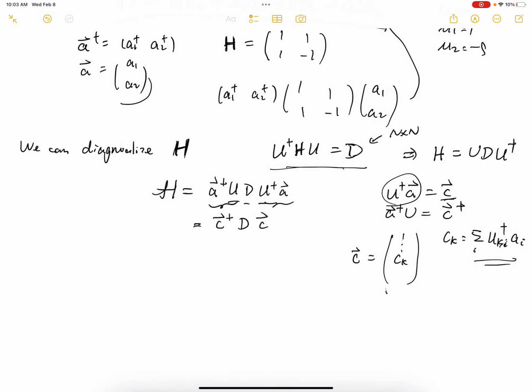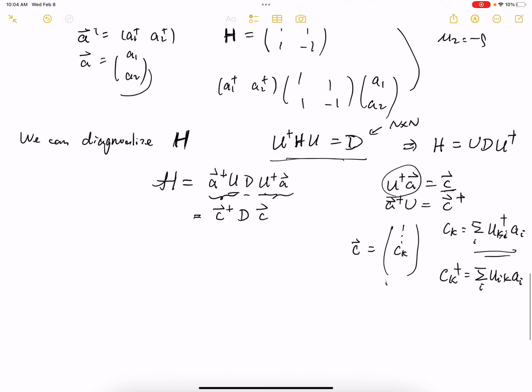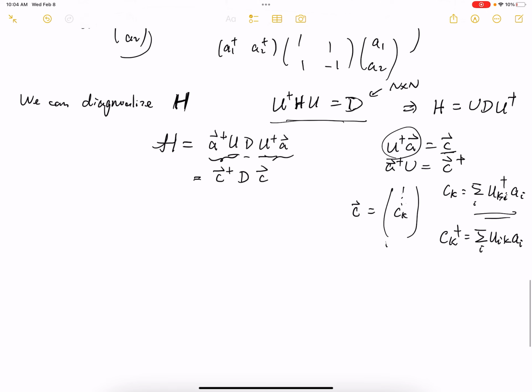And then similarly for CK dagger, you can just take the Hermitian conjugate of this equation, and this becomes UIK times AI dagger. Because it's a unitary matrix, U dagger is equal to the transpose times the complex conjugate. So these two are exactly complex conjugates of each other. Oh, sorry, yes, there's a dagger on the AI. You're right.